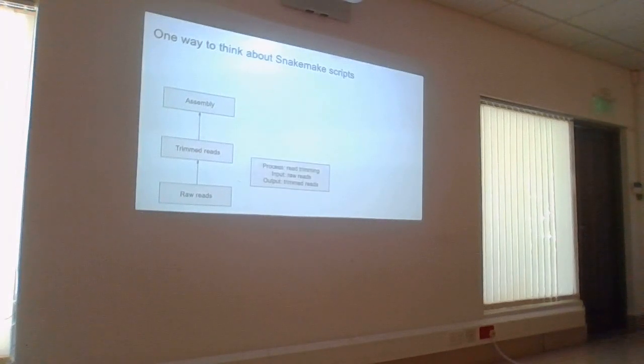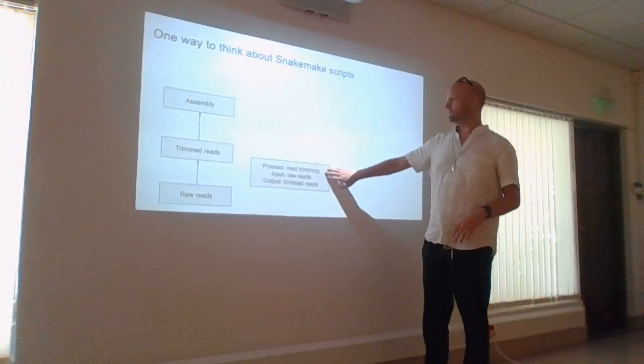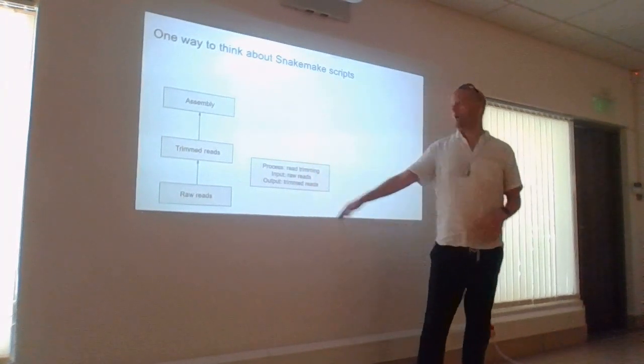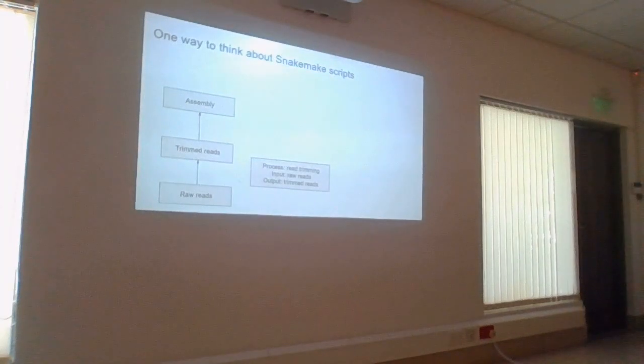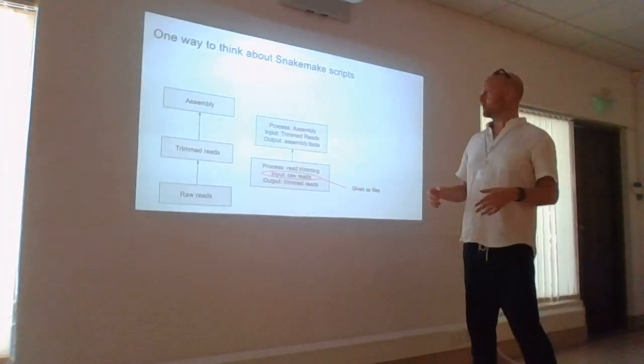So now if we start making it a little bit more Snakemake-y. The process here is read trimming. The input is going to be raw reads, and the output is going to be trimmed reads. When you're giving something in as files, that's a little bit of a special case, and that's the fundamental input of what you're giving in from outside of the Snakemake process.